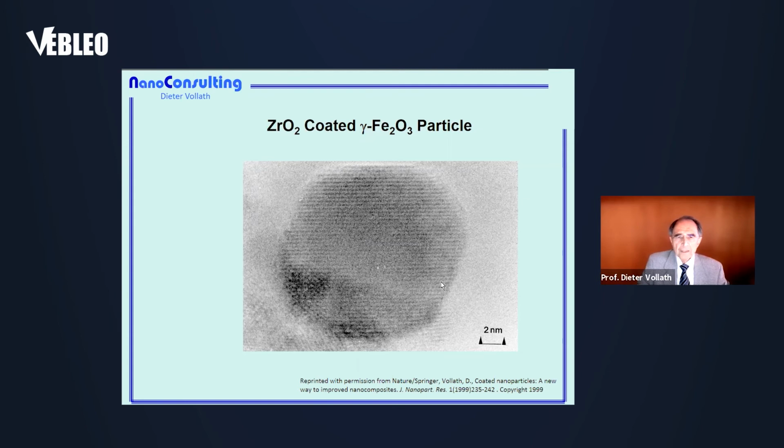The lattice fringes that you see here show the crystallization of the zirconia coating. And here in the center, where the lattice fringes are nearly invisible, we have the iron oxide of the particles, and the lattice fringes are invisible because the lattice structure of the iron oxide disturbs the electron microscope.